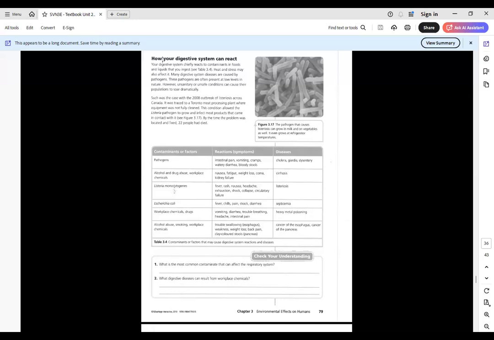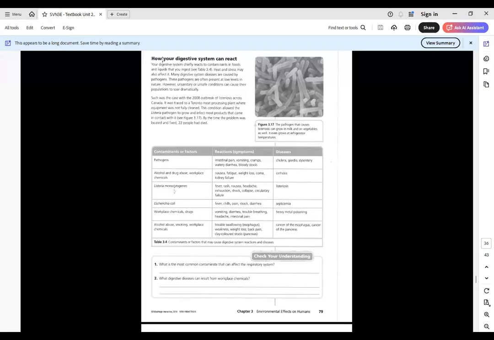So sometimes there will be, what do you call those, a public service announcement saying don't eat whatever. I believe there was one on melons, I think cantaloupes, right, that had E. coli in them.